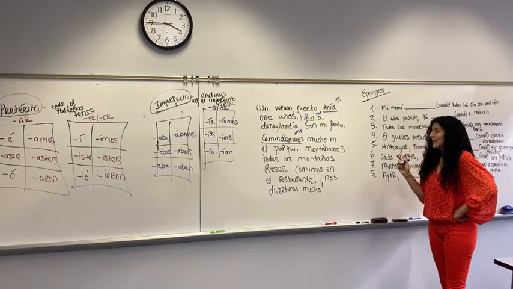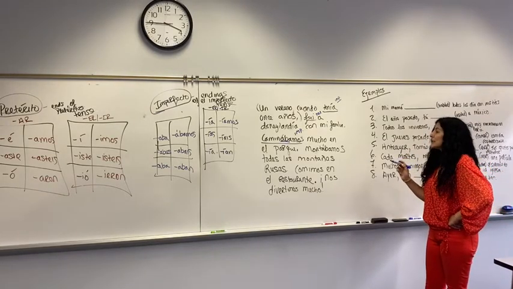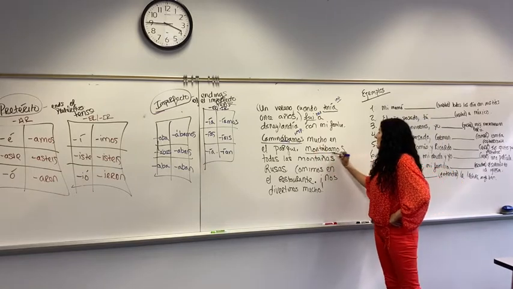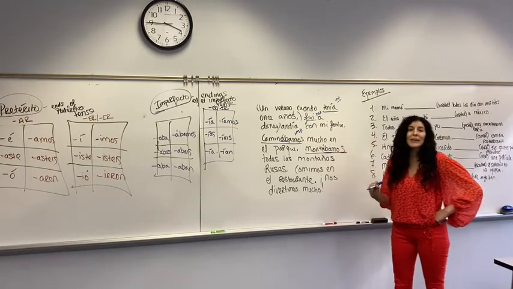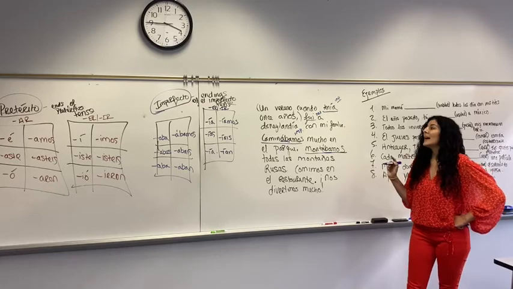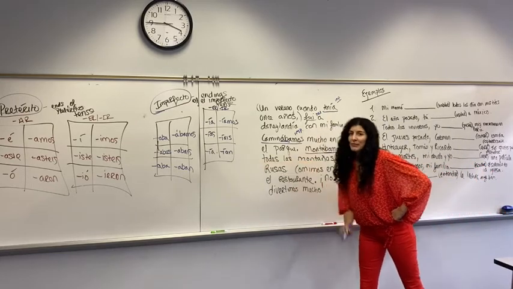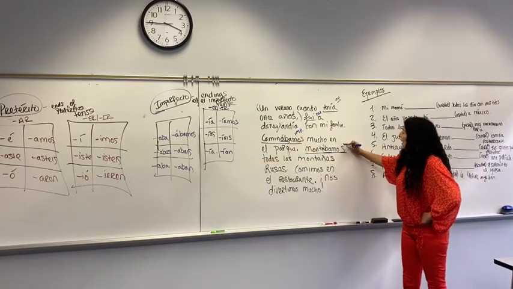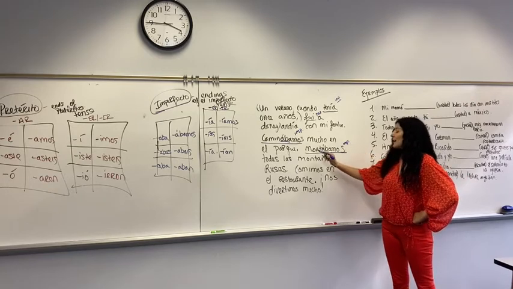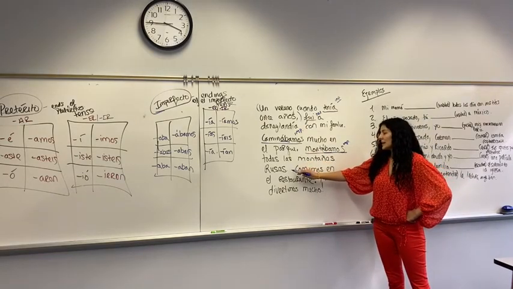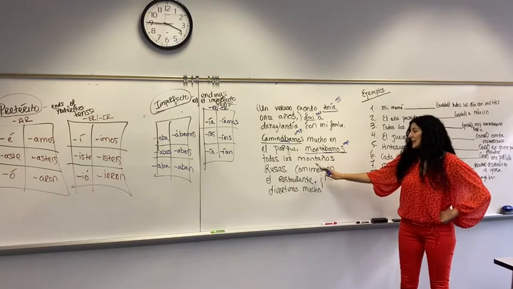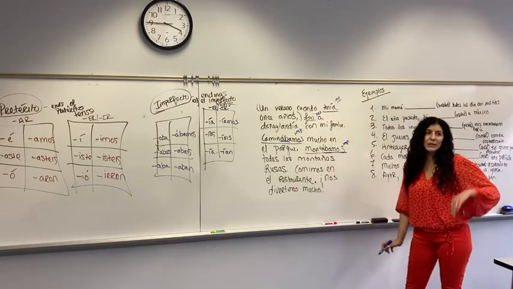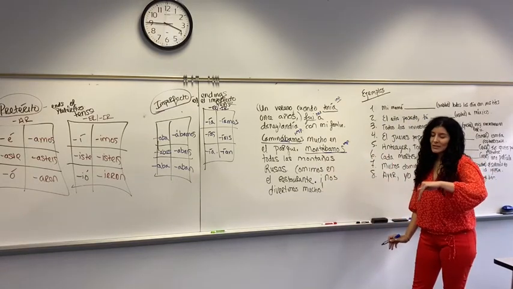Here again, montábamos todas las montañas rusas. Here, right, I have an aba. So if I have an aba or an ía, I know I'm in the imperfect. So I'm in the imperfect because I'm saying we rode all of the rides, right? Montañas rusas is the word for, what's that word in English?